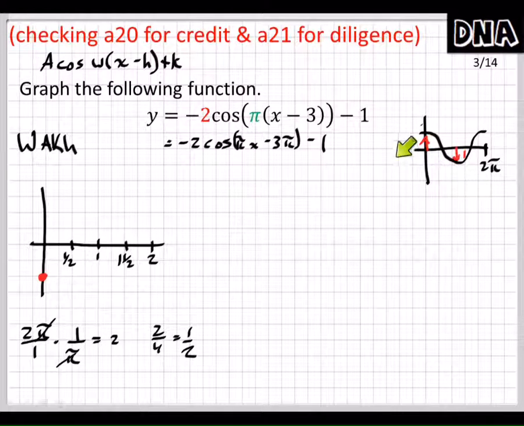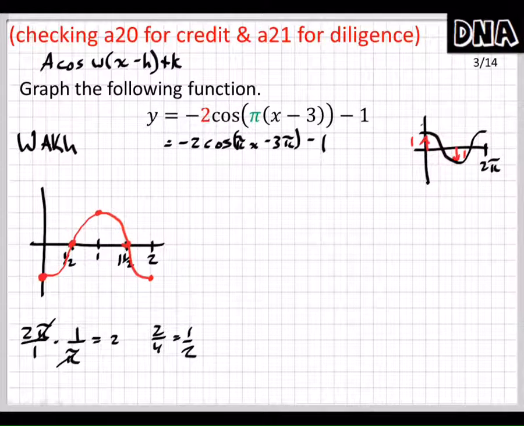It used to be max, midline intercept, min, midline intercept, max. But now we're starting with the min. What comes after min? Midline intercept, and then max, and then midline, and then min. So now I have a picture of what my graph looks like so far.